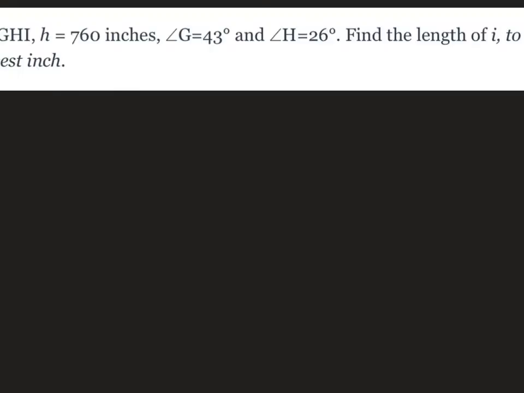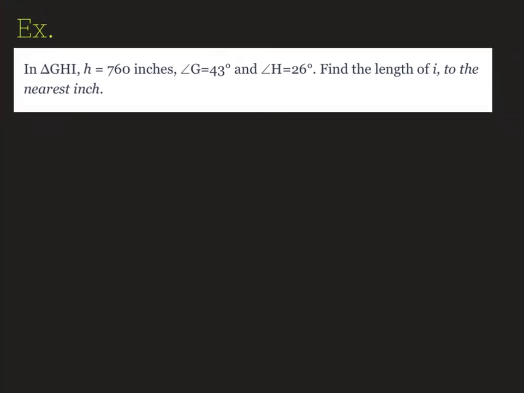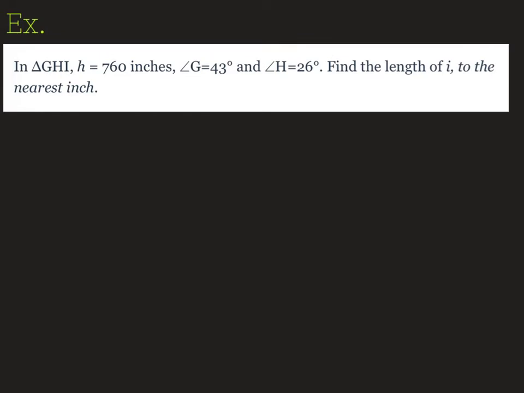So looking at this example, let me zoom out a little bit. This is an example directly from Delta Math, and you can see it's giving us some information. Again, it's not giving us a diagram, so let's draw one. This does not have to be a right angle, so it could be whatever you want. We have the triangle GHI, so you can always label your angles.